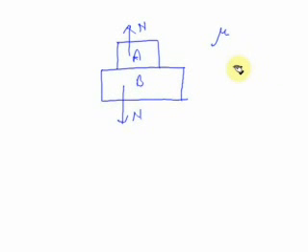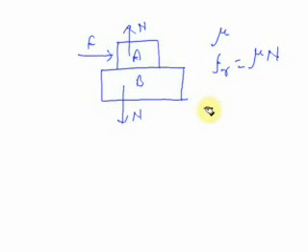So here the limiting friction Fr will be mu n. So now suppose a force F is applied to block A. So the friction force between block A and block B will oppose the relative motion.